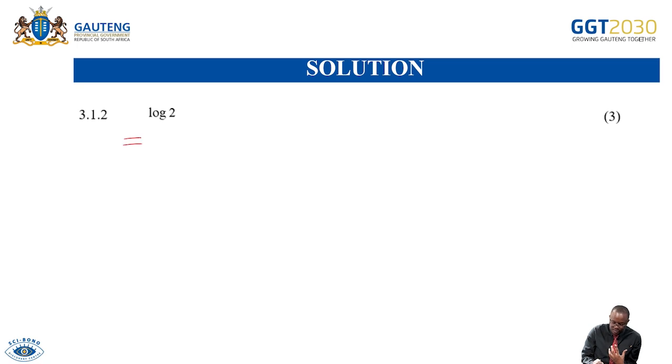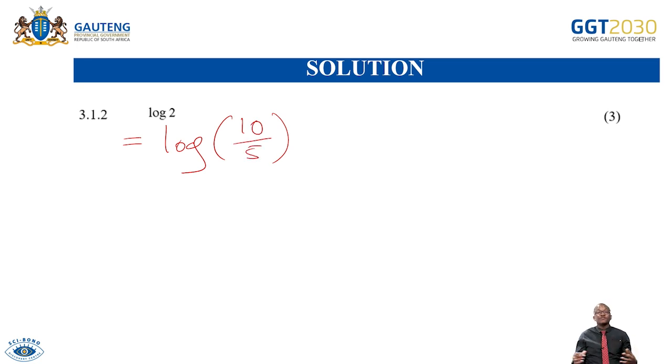So if we're looking into this, I can say log of 2 can be written as 10 all over 5. 10 over 5 is equal to 2. So do you think now that I think beyond the box? Now, I can expand them because it's a division.